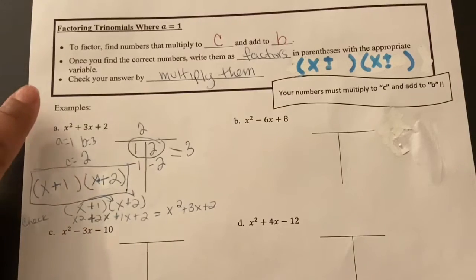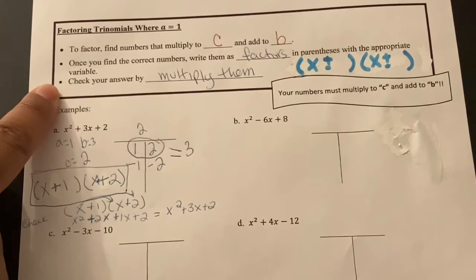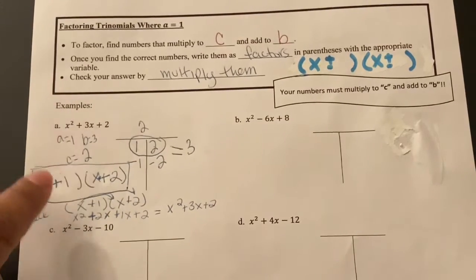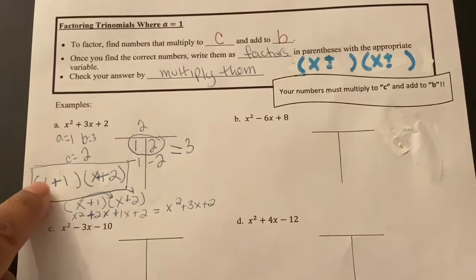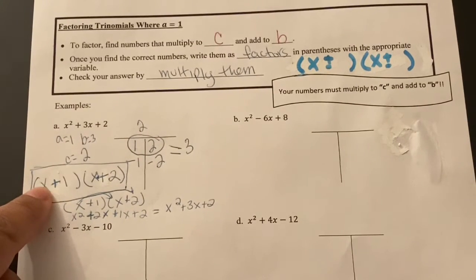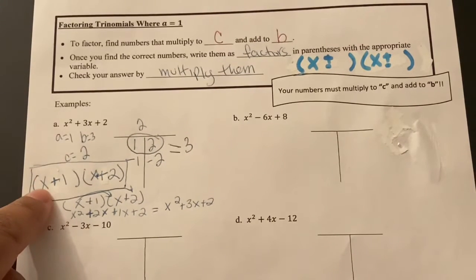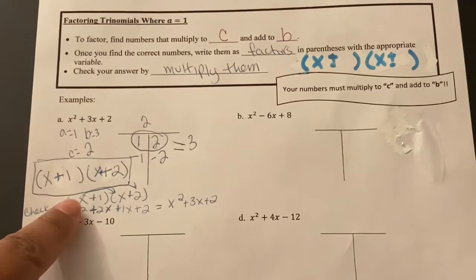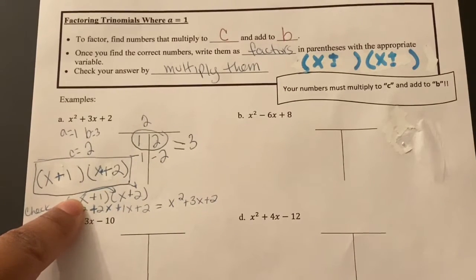Now, last but not least, we check our answer by multiplying these two factors, because as we learned at the beginning of the quarter, these two are binomials. We can multiply them. So here I have x plus 1 times x plus 2. I use my FOIL method.